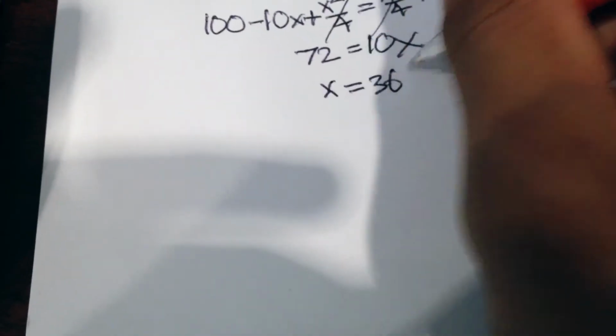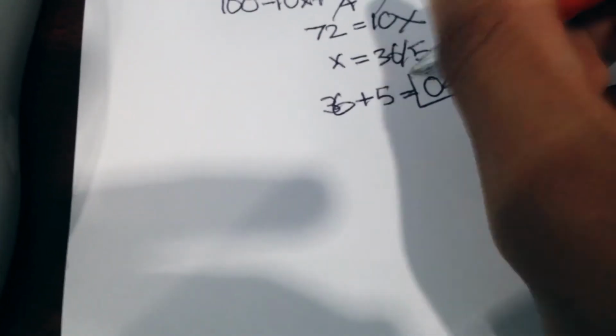Thankfully the x squareds over 4 cancel, the quadratic term, that's really nice, and we get that 72 equals 10x, which means that x is 36 over 5. Now the problem asked for m plus n, which we have right here because this is a simplified fraction, so that's simply 36 plus 5, which is 041, which is our final answer.